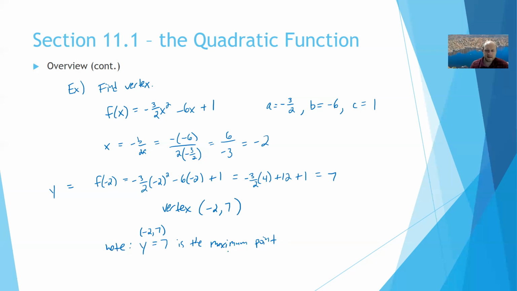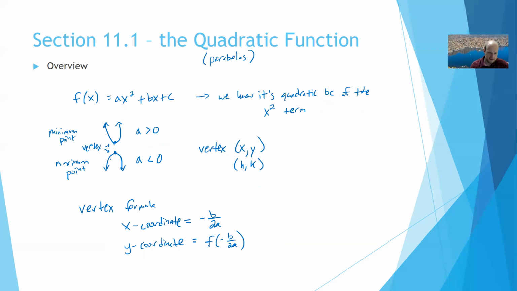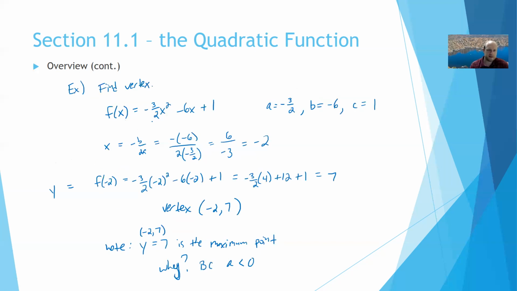And why is that? Because a is less than 0. So we said on the last slide that if a is less than 0, our vertex is going to be a maximum. And that's exactly what it is here. A is -3/2, so it's a maximum.